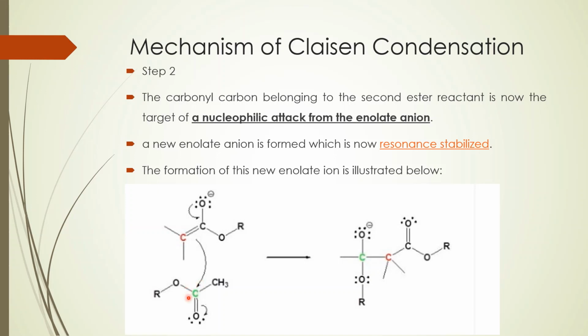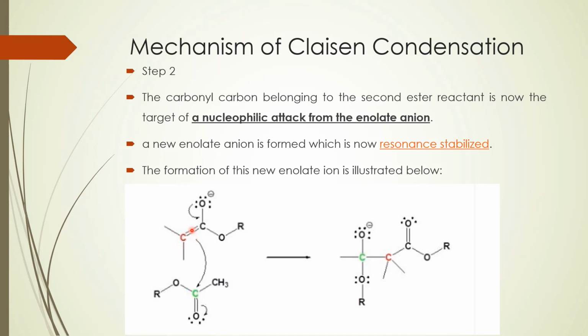Now how is it electrophilic? Because oxygen is more electronegative as compared to the carbon atom. So when the bond opens, it opens on oxygen, and oxygen gets a negative charge and carbon becomes positive. And we know that attraction is there between negative and positive charges.